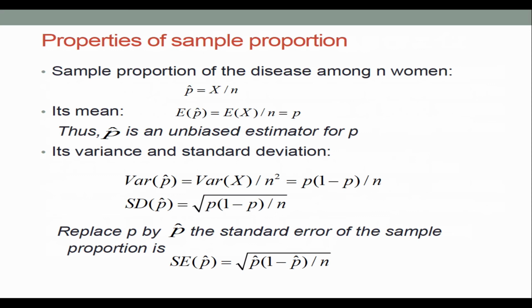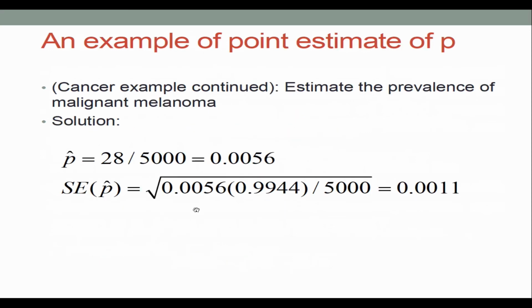And after we figure out the standard error for this sampling proportion, we can use that to construct the confidence interval. We need to first look at the point estimate for this P. You can just see here, we're just using the sample proportion to estimate this population success probability.